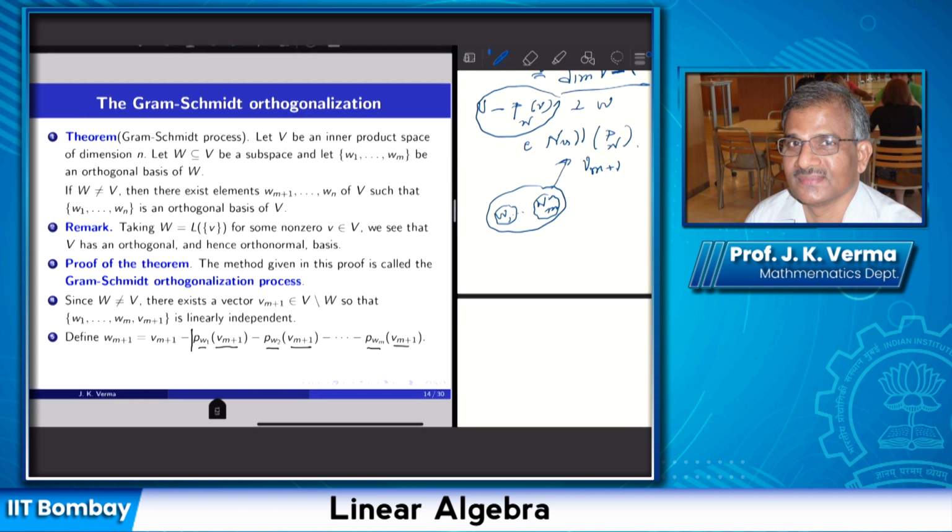So V is the big space and W is the smaller space.